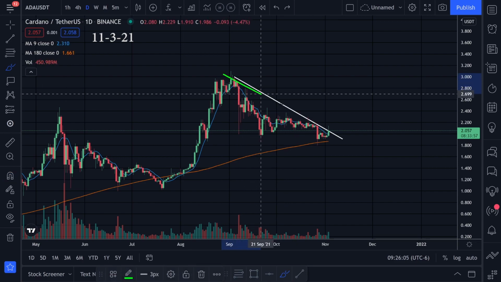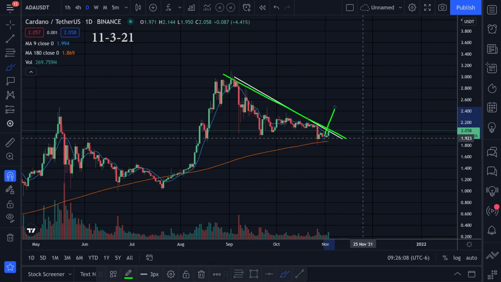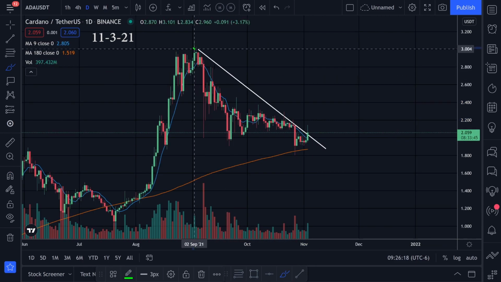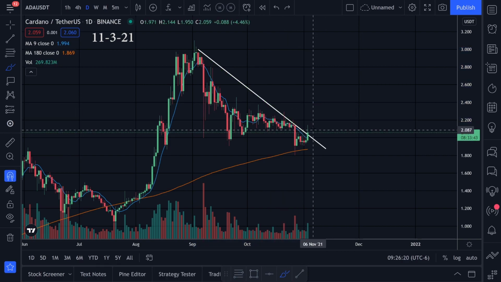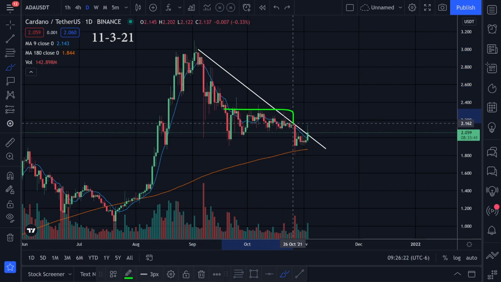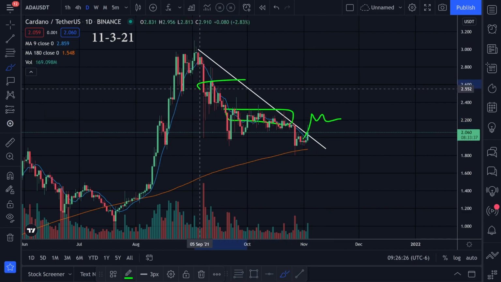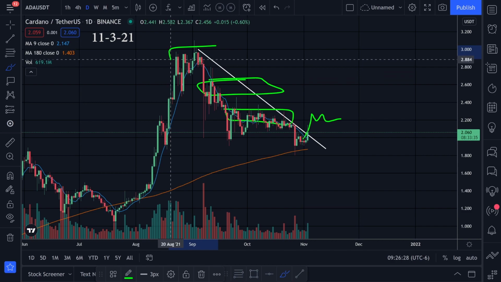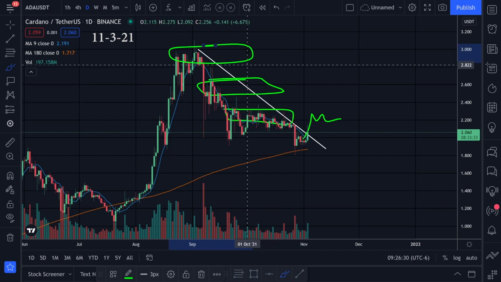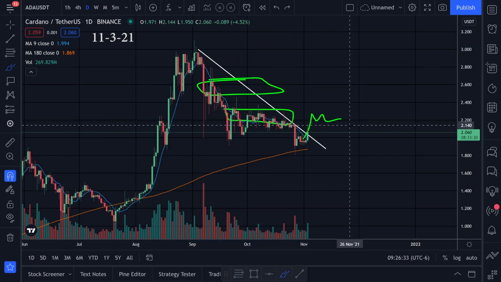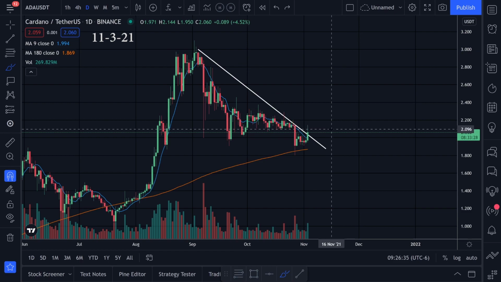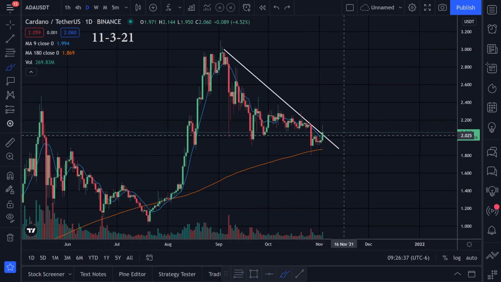So I think if we could break this line as well, that might be a good signal. Maybe breaking this trend line might help as well. Like I said, I'm really looking at these zones more than anything. I think if we could break into this zone and then try to get into this zone, maybe we could end up in this zone and break through it. But like I said, we've got a few steps to go before we can do some of these things, but those are just the things that I'm looking at or thinking about.